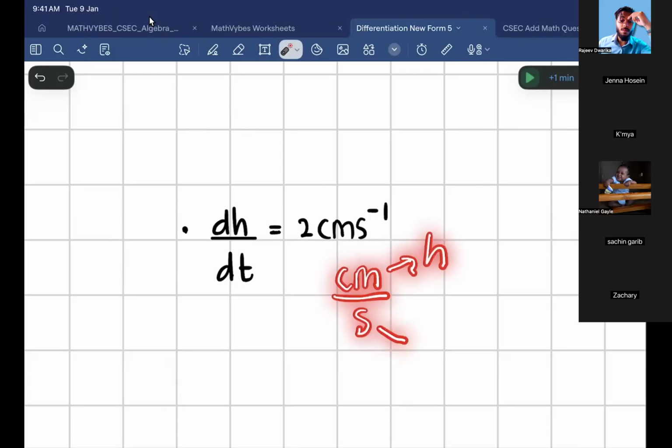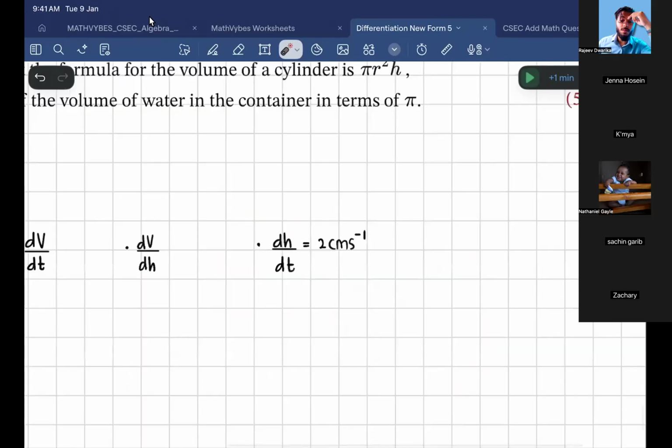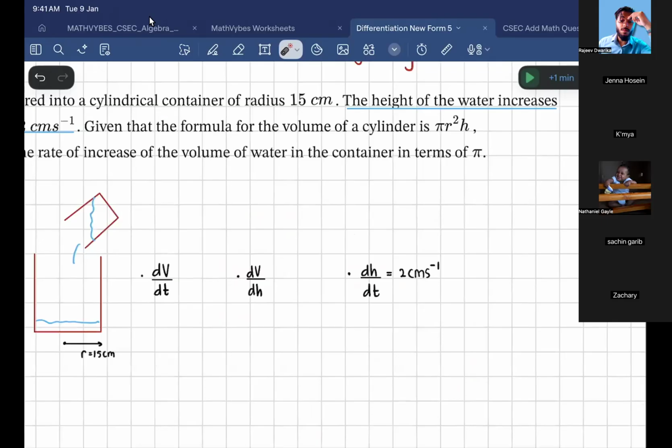And what would you measure in seconds? The time. So the units spell it out: centimeters per second means height over time. That's a very good hack. The unit spells it out.